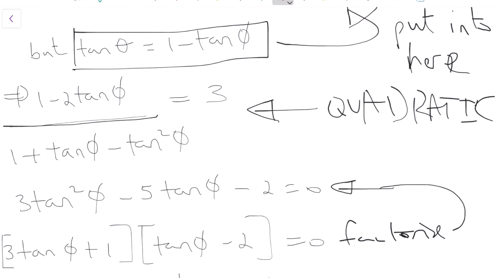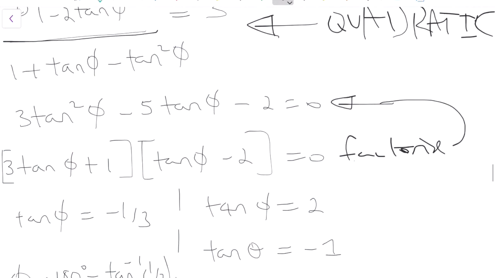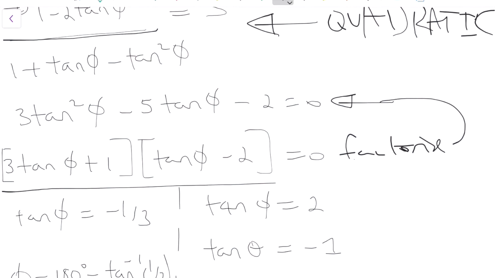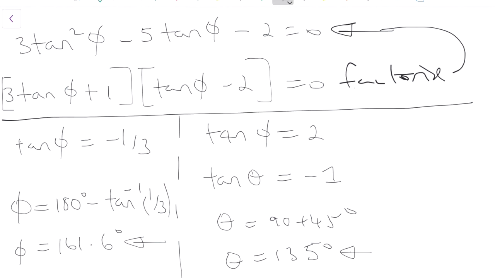this equation right here. (3 tan phi plus 1)(tan phi minus 2) equals 0, so either one of them has to be equal to 0, and that's exactly what I did here. So from here, you're basically done, you just need to do some basic algebra. So tan phi equals minus a third, which gives us that phi equals 180 degrees minus tan inverse of 1/3.